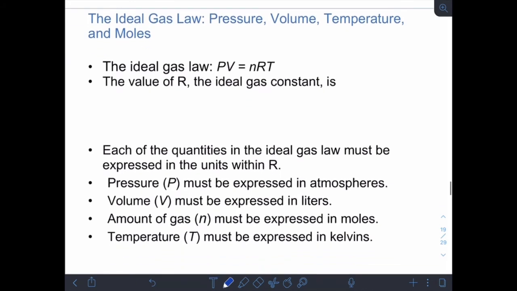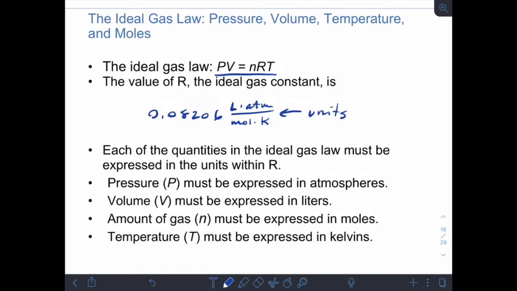Okay, so the ideal gas law is PV equals nRT. The value of R, the ideal gas constant, is 0.08206 liters times atmospheres over moles times Kelvin. Now it's extremely important that you let this guide you for units.